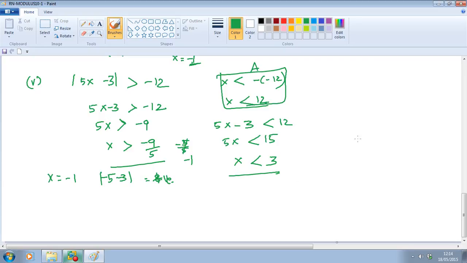But in this, there is a catch, you see. Modulus of a number is always positive. It's greater than minus 12 means this cannot be negative. So for any value of x, this equation holds good.